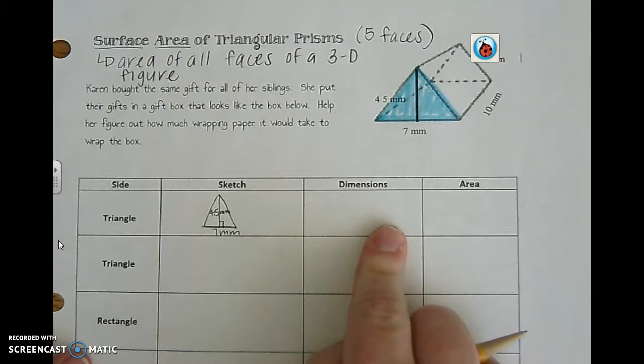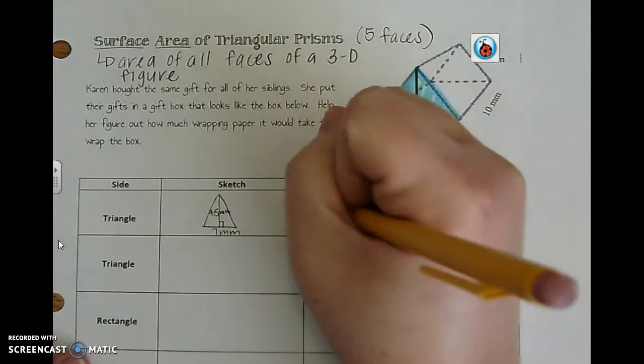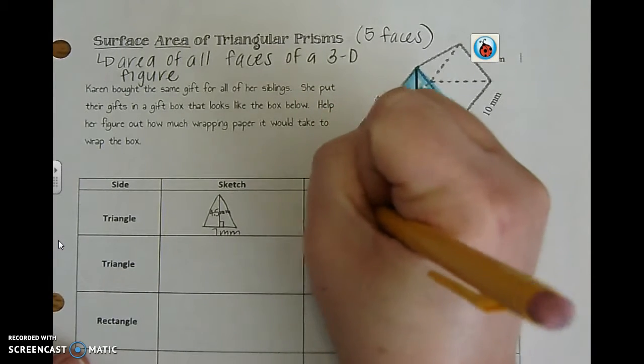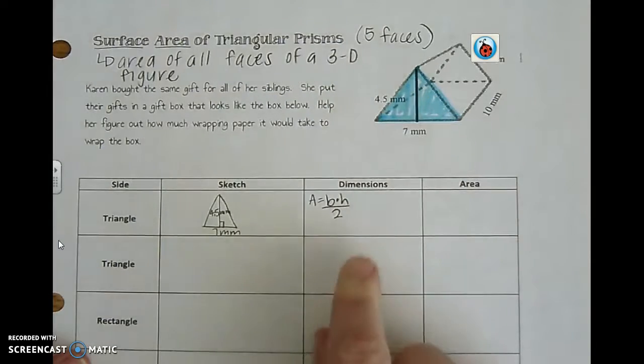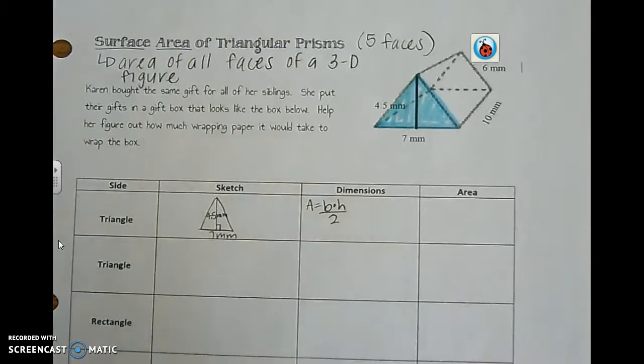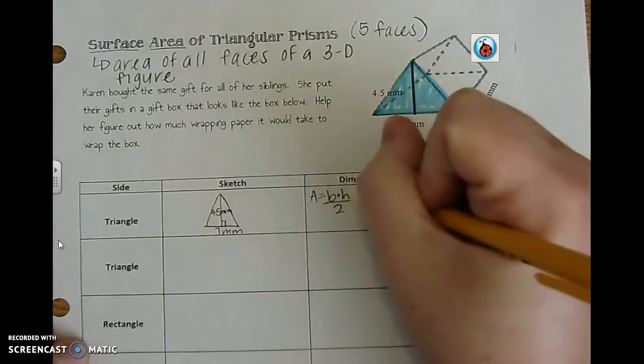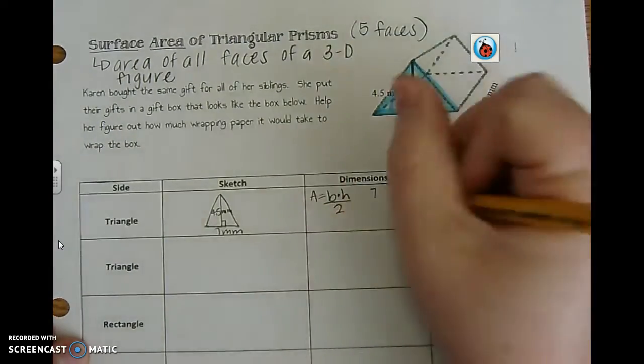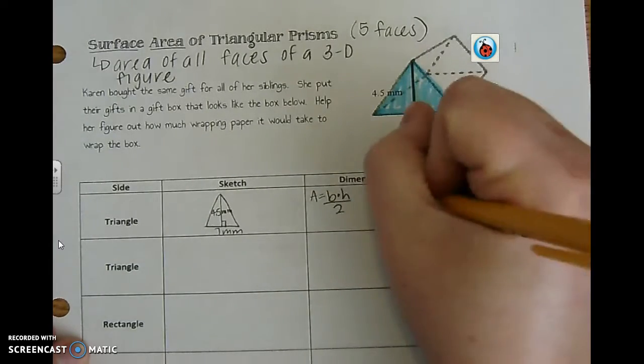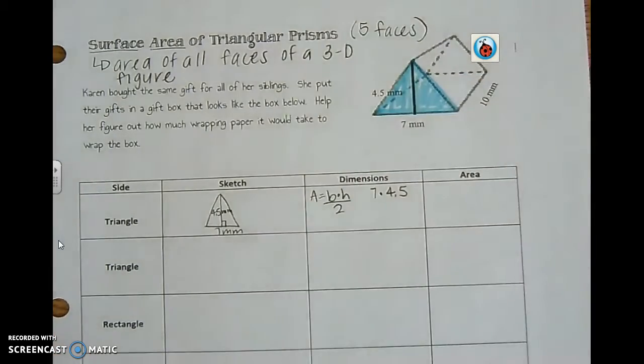Let's remember, when we're finding area of a triangle, what our formula is. To find area of a triangle, we multiply base times height and divide by 2. My base is 7, so I'm going to replace b with 7. My height is 4.5, so I'm going to replace height with 4.5.